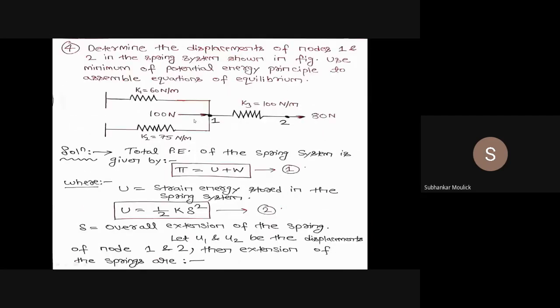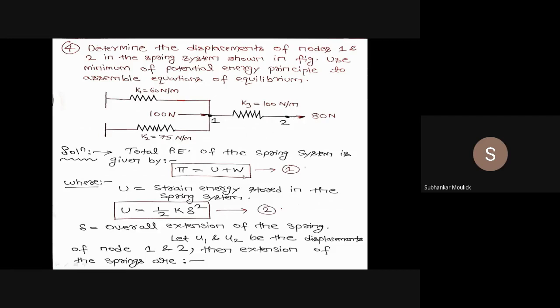So we have found the value of internal energy. Now we need to find the value of external energy. We know that external energy is nothing but the external work done on the system. In this problem, it is very clear that external work is being done on the system only due to the presence of point load, and that point load is acting at node 1 and at node 2.